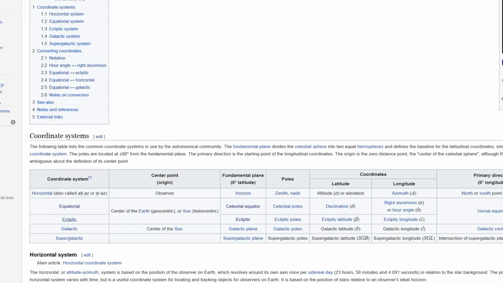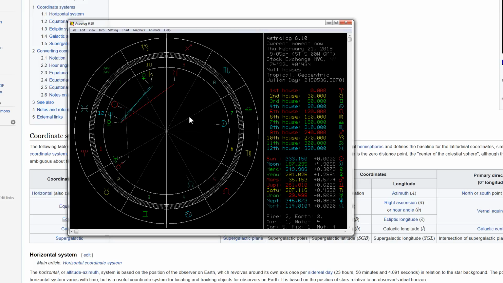If we look at Astrolog again, this is the ecliptic coordinate system right here, and we see all the different planets in longitude degrees around the zodiac, and we have the latitude right here in degrees.